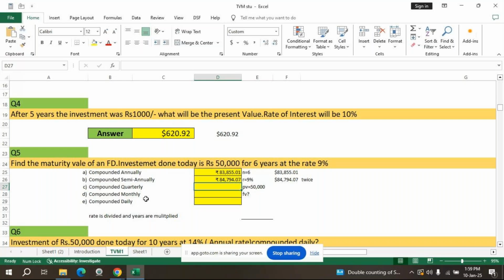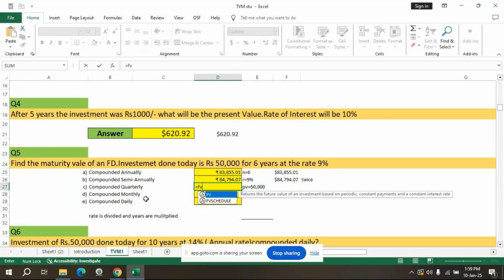Then after that compounded quarterly. So it is equal to FV open bracket and then the rate. The rate is 9%, divided by quarterly, in the sense 4.